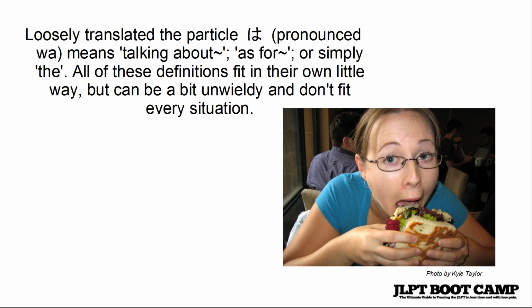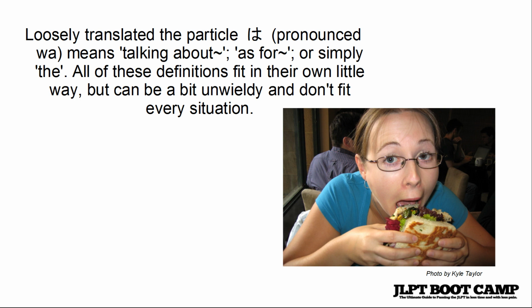One is the topic marking particle, when it's translated as "talking about X." Another, "as for," is more contrasting, where you're contrasting two different things. So, as for cars, they're expensive, but as for bicycles, they're cheap to own and operate.